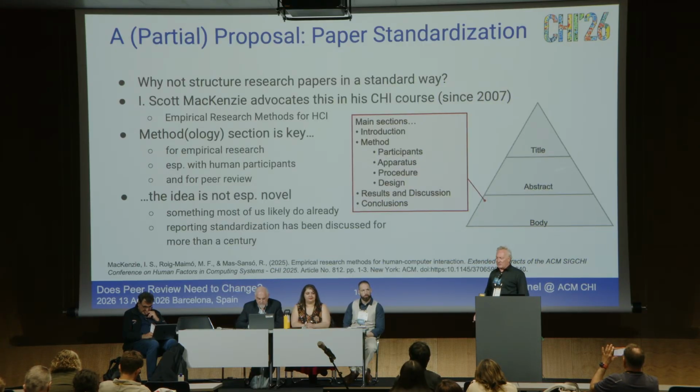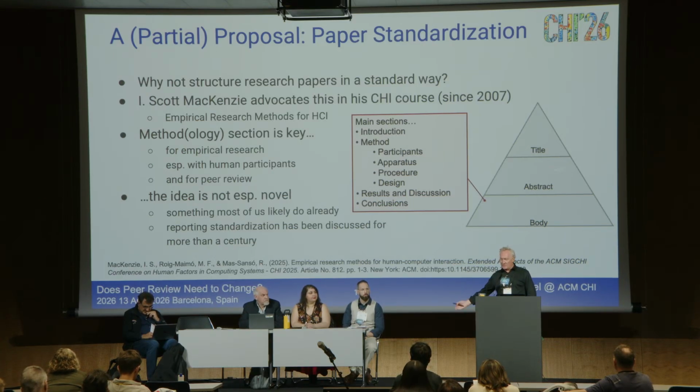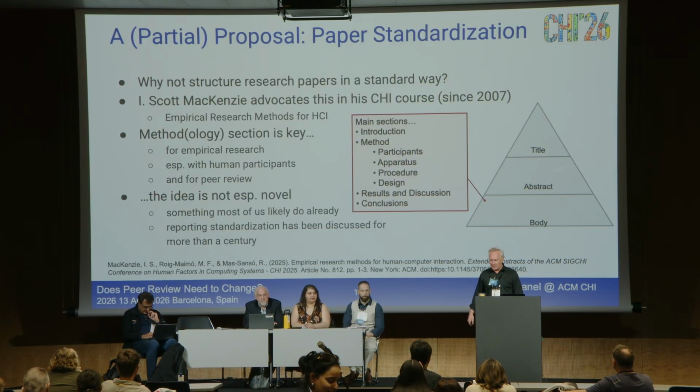The important part for us, for the checklist, is the methodology. Usually, if we do human participant experiments, we put in these kinds of subsections. That's what we're talking about: structuring the research and the paper when you're reporting the results to have this kind of structure, and checklists could help facilitate this.